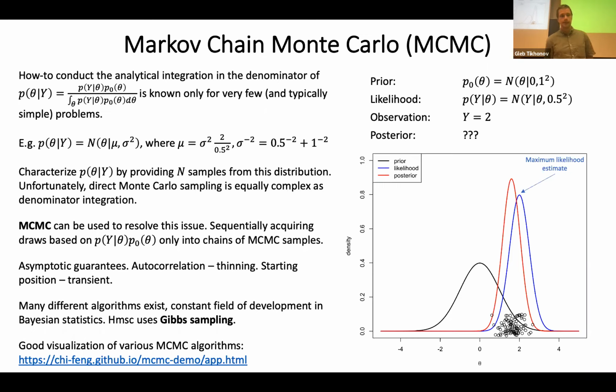It has really nice properties on the asymptotic behavior. It's guaranteed that if the MCMC is designed in the proper way, which is fairly simple for most statistical models, apart maybe from some very specific ones, then once we run this chain for infinite iterations, it converges to the true posterior.